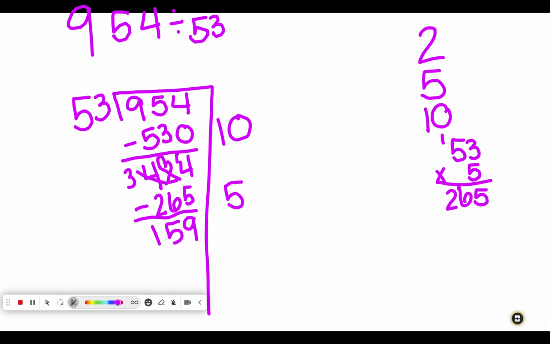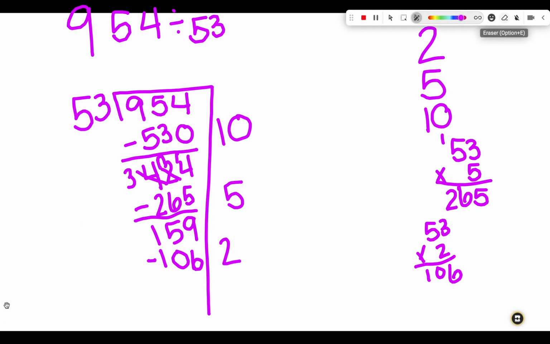So the question is, how many groups do I think I can make? Let's try to make 2. Okay, 2 groups of 53. If I don't know it off the top of my head, I'm going to say 53 times 2. 3 times 2 is 6. 5 times 2 is 10. So 106. So I'm going to go over here and subtract 106.